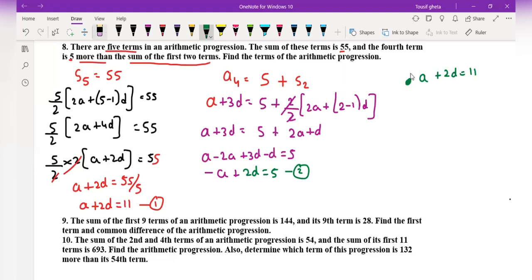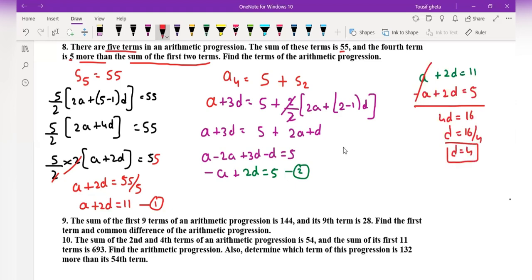Let me erase that. और सेकेंड इक्वेशन है माइनस a प्लस 2d इज इक्वल टू 5. दोनों को कुछ करने की जरूरत नहीं है. जस्ट यू कैन टेक इट एज एन एडिशन. सो फर्स्ट टर्म गेट्स कैंसल. सो 4d इज इक्वल टू 11 प्लस 5 आएगा 16. क्रॉस मल्टीप्लाई करो. 16/4 आएगा 4. d इज इक्वल टू 4.